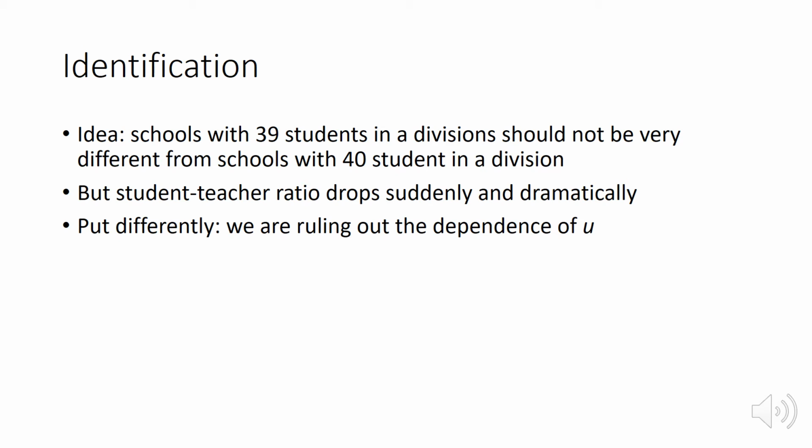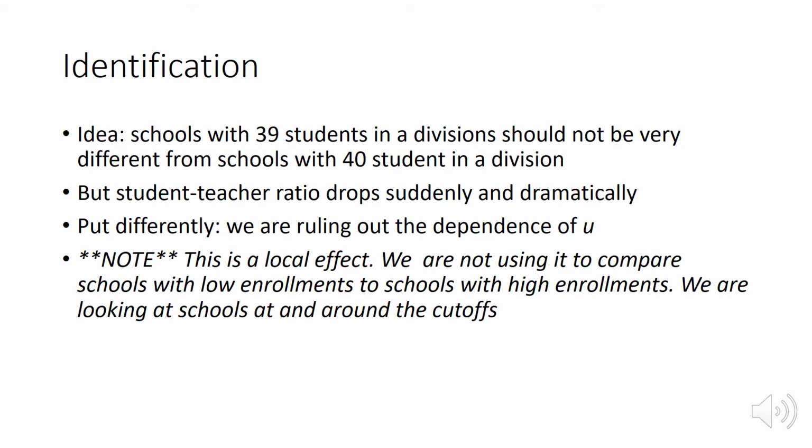Does anyone want to push back on this? Why might that not be the case? And so we might see some reasons later in class why we can push back on this, but the important thing here is this is a local effect.